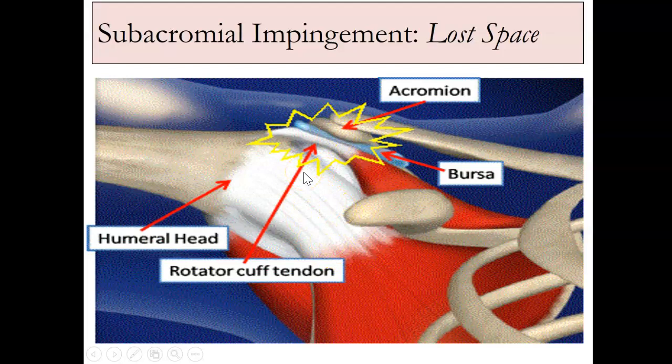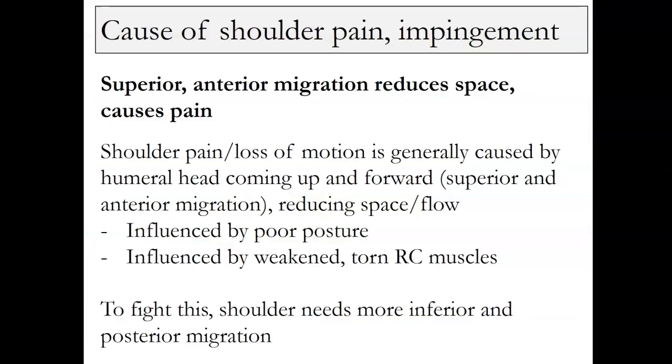That's why posture is so important. That's why the overhead stuff, going into that closed pack position, painters, drywallers, baseball pitchers, really tests and strains this vulnerable area within the shoulder anatomy, leading to all these shoulder issues that we're going to talk about.